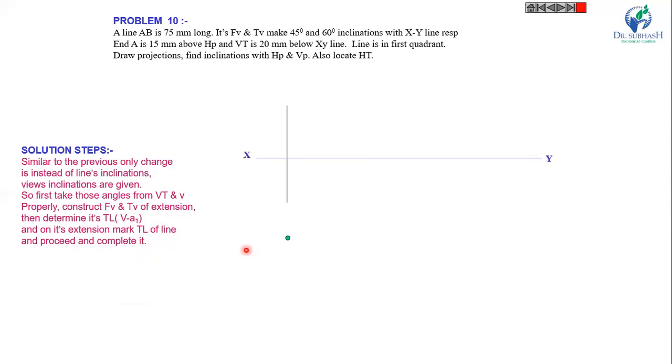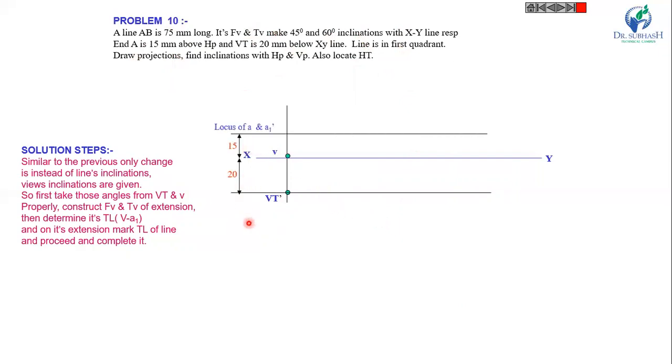So first of all draw the XY line and mark the VT and V as per the given dimensions, 15 and 20. Now for the locus of A and A1 dash, from VT draw a line at an angle of 45 degrees. Mark this point A dash and from V draw a line at an angle of 60 degrees.